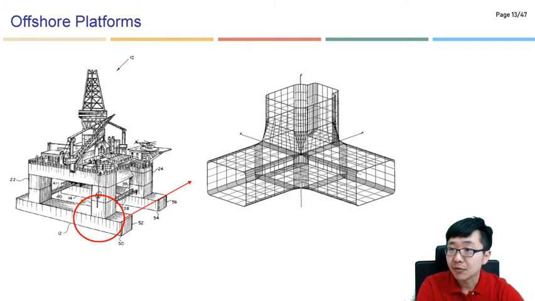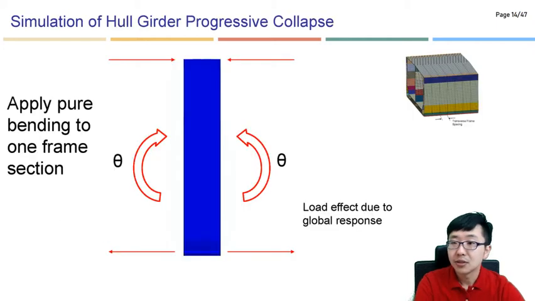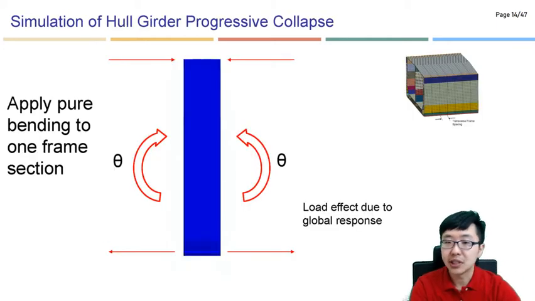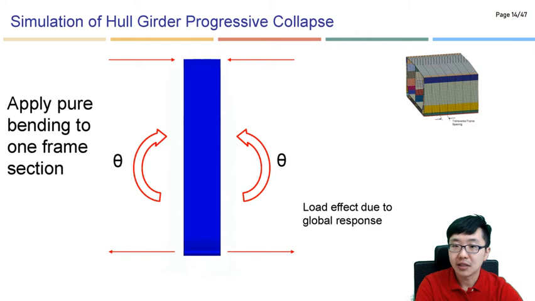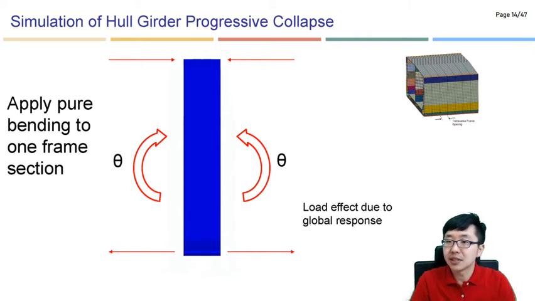At the same time, we can see the offshore platforms as well. This is the column structure, and this is also a combination of the plating and the stiffeners. So here, I've introduced this before. Once the vertical bending moment is applied to the structures, what will happen?